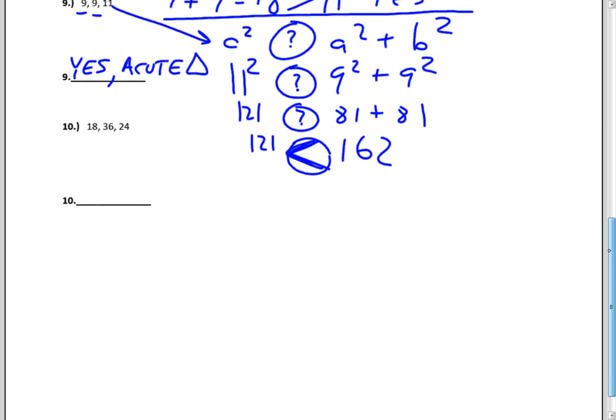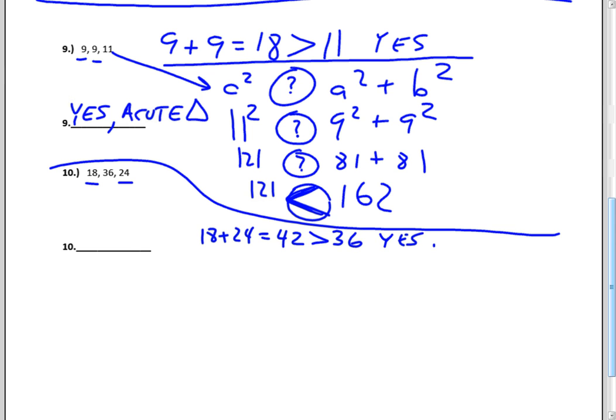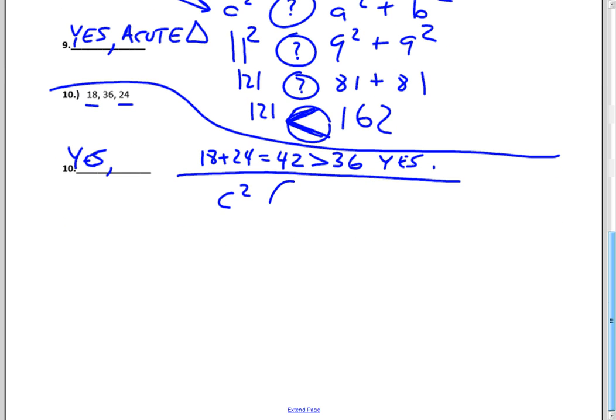And the last one, 18 and 24. Make sure you're adding up the correct small ones. 18 and 24 are the smallest. That equals 42. Is that bigger than the third one? Yes. So it is a triangle. What goes in for C out of these? 36.